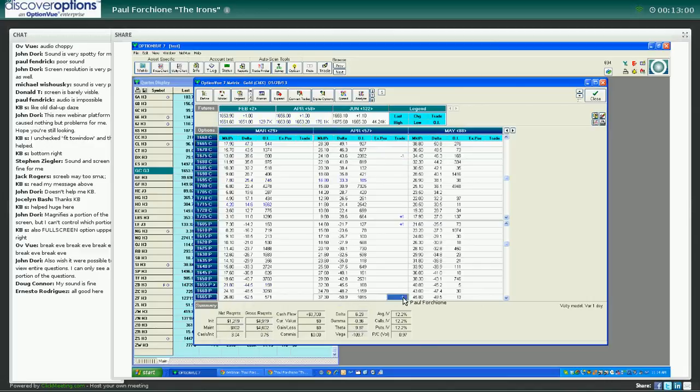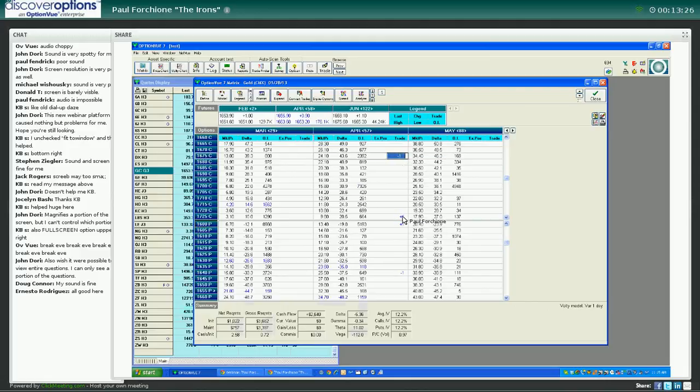And we're going to sell an out-of-the-money put. So let's go ahead and sell the 1640 put. We'll leave our insurance pretty much where we had it. Let's change the out-of-the-money put to be the 1600. So that makes a 40-point difference between the short put and the long put.